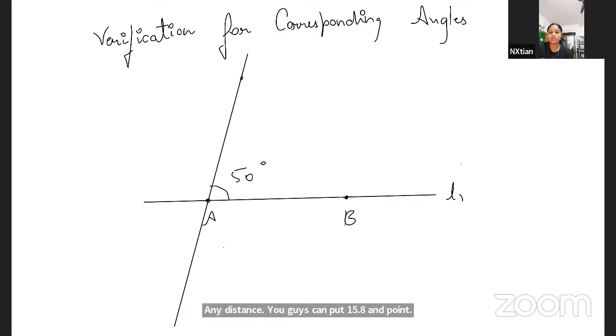Okay. So now from point B, put your center of the protractor at point B and again make a 50-degree angle. Once again, make a 50-degree angle. Put a point here.